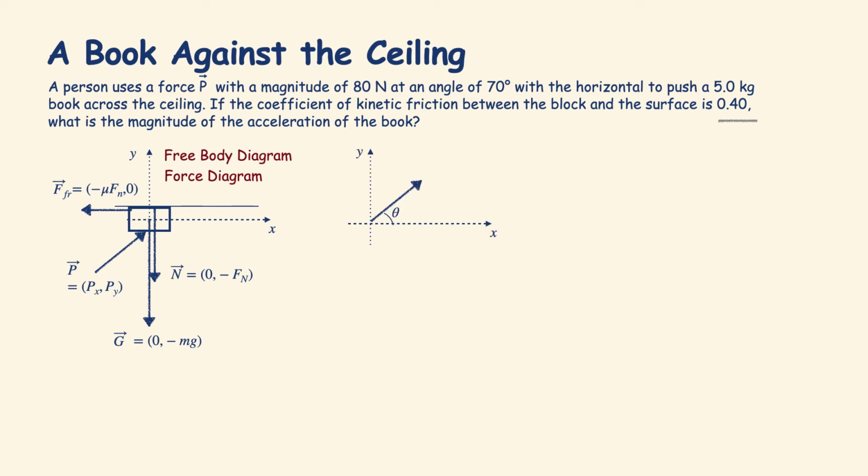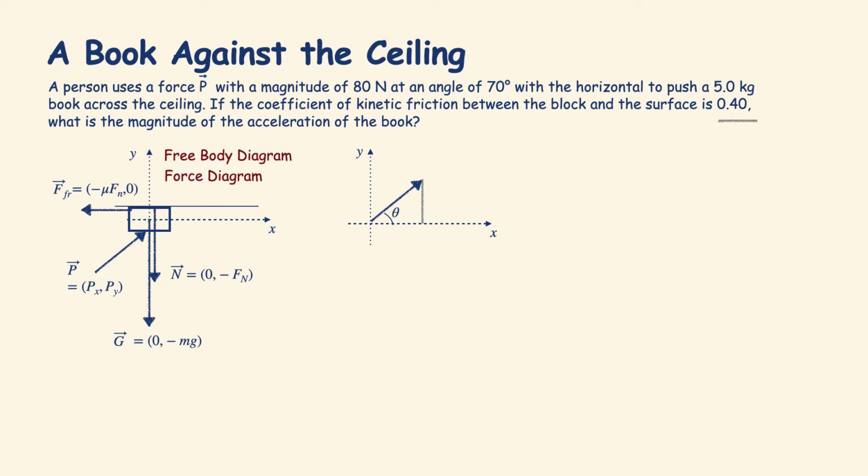To find its components, we usually take this vector and draw it on a separate diagram with the coordinate system x, y that is identical in its orientation to the one for the block. Here's the vector. I marked the angle theta, which the problem tells me is 70 degrees with the horizontal. The way I find the components is by drawing the perpendicular from the tip of that vector to the closest axis.